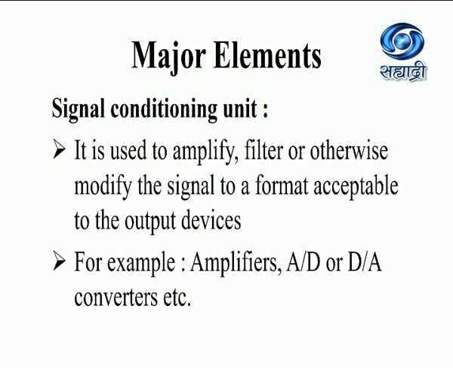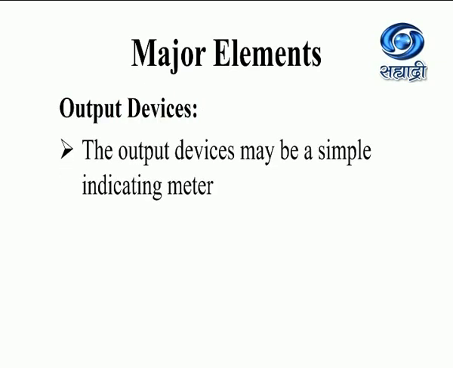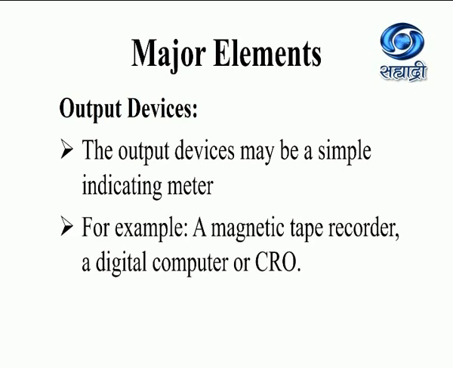Examples of signal conditioning units are amplifiers, A to D, that is analog to digital converter, or D to A converter, that is digital to analog converter, etc. Then output devices may be a simple indicating meter, for example, a magnetic tape recorder, a digital computer, or CRO.